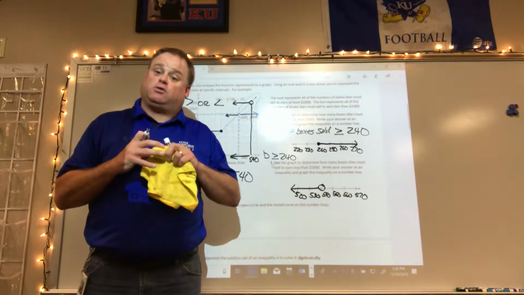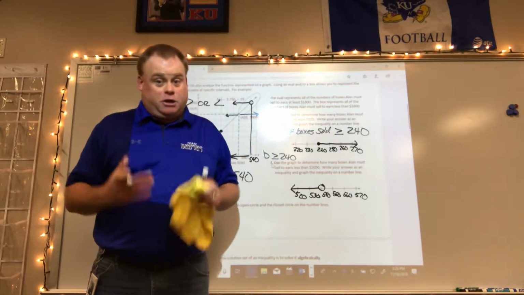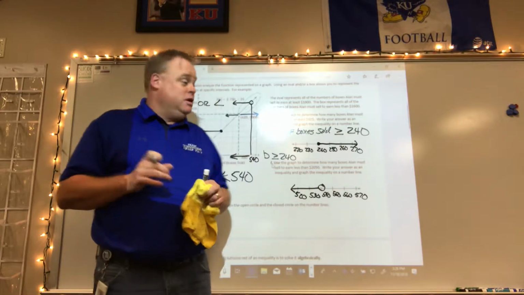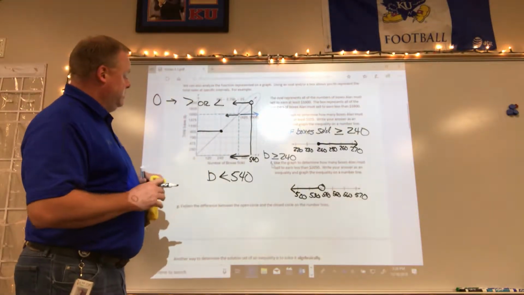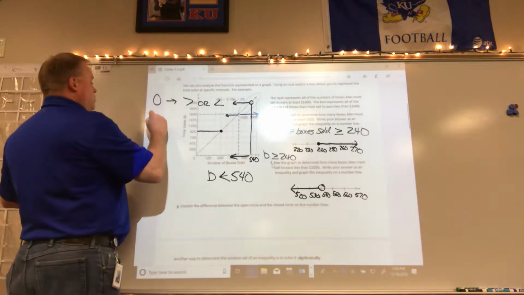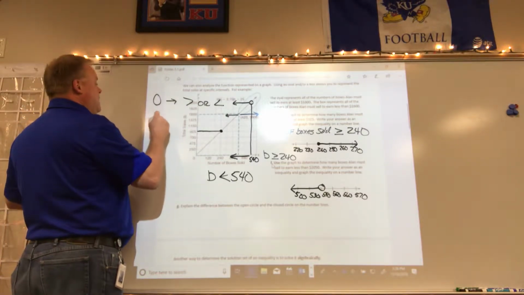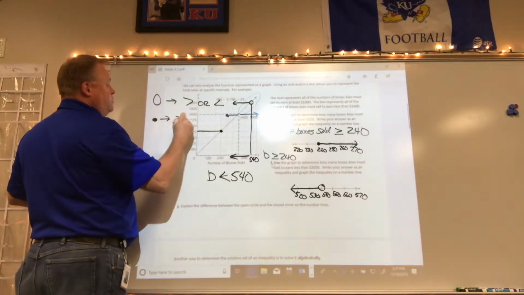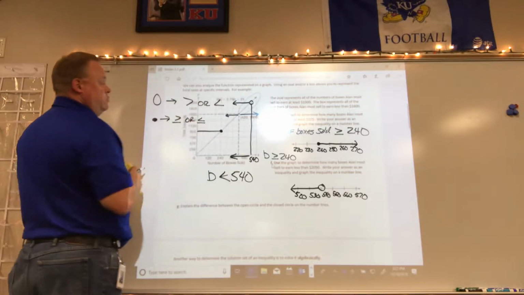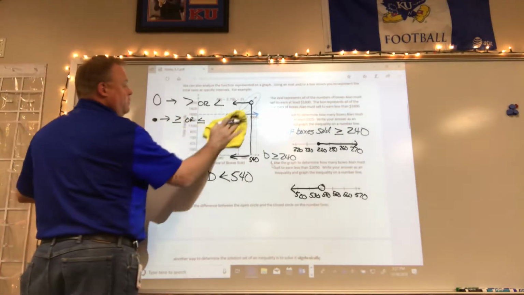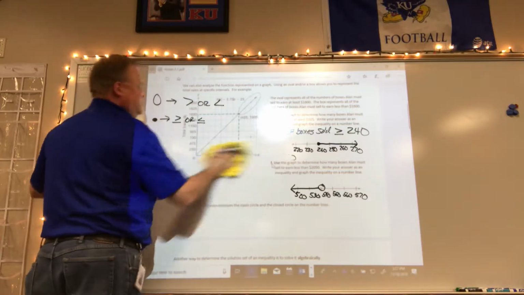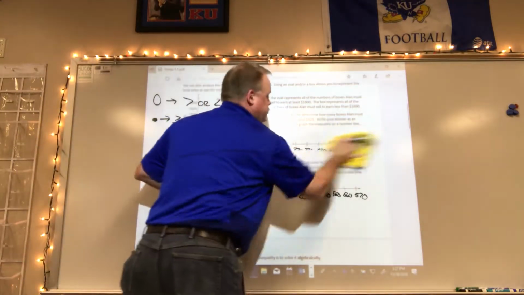So, up to but not including, open circle. That is less than or greater than. A closed circle is for when I have a greater than or equal to or a less than or equal to. That's what it's for. And I'm going to get rid of this other stuff so you can see that. So this is letter G right there.